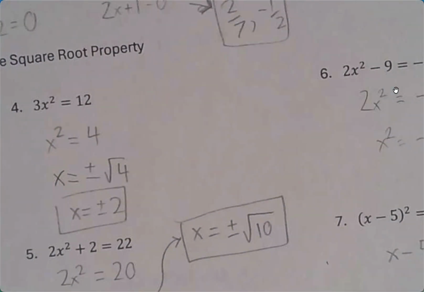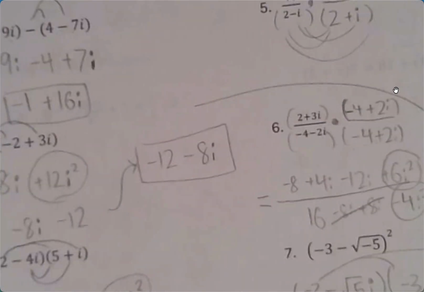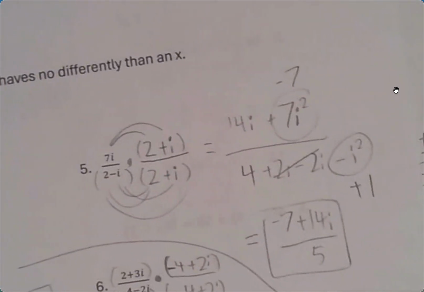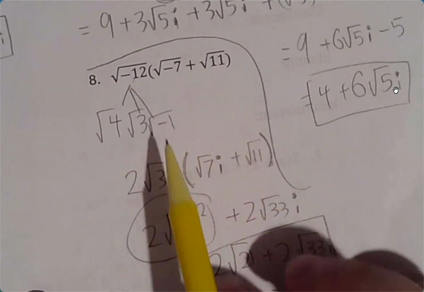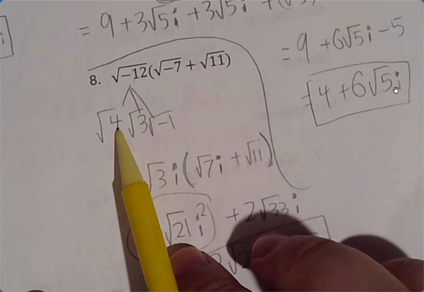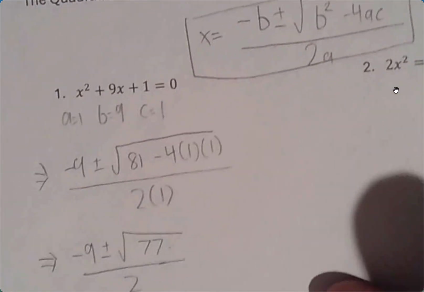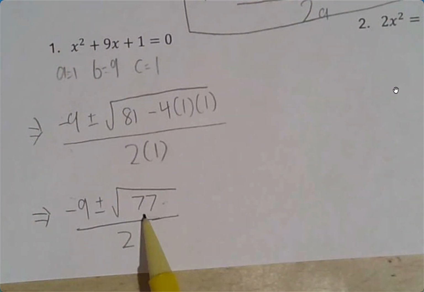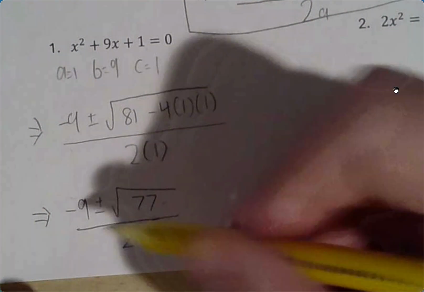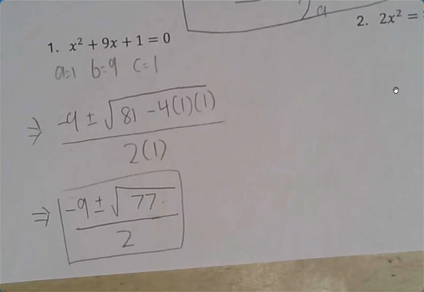Earlier, in the last video even, when we had negative root 12, remember we pulled the perfect square 4 out of the 12 and then kept the 3. But 77, there is no perfect square inside of 77. So actually at this point, we're done. This is my answer. You're allowed to type it in.